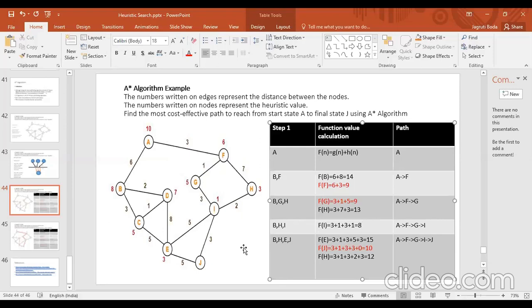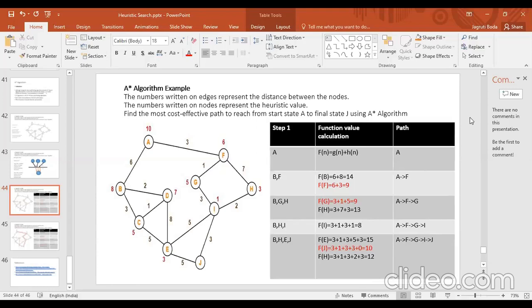If it is not given, you have to assume that for the goal state the heuristic value is 0, because once you reach the goal state, you do not have any extra cost, right? So 3 plus 1 plus 3 plus 3 plus 0 is equal to 10. So what is the final path? That is AFGIJ.